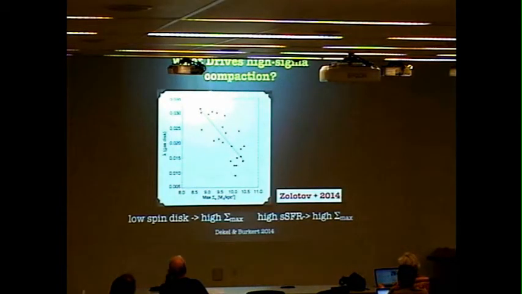We also find, if you look at the spin parameter for cold gas in the disk as a function of sigma E, this anticorrelation, where the galaxies which compactify to very high sigma are the galaxies which have a very low spin parameter.